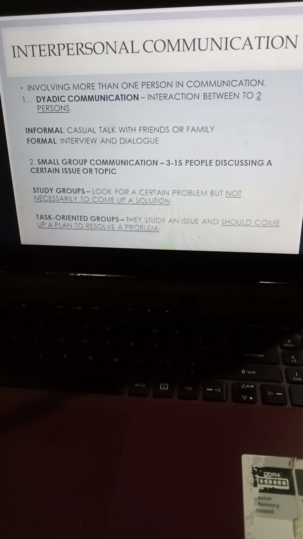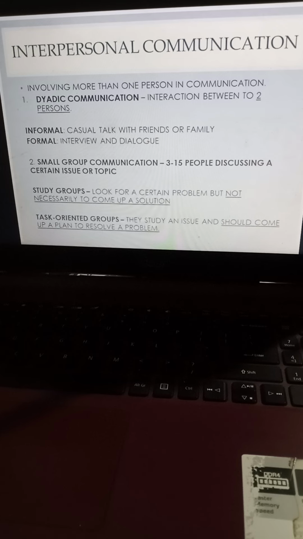Now let's start first with the dyadic communication. It refers to interaction between two persons. So it is two persons, one speaker and one listener exchanging ideas, thoughts, information, and opinions. So both of their roles are interchangeable and not fixed. So we have two types of dyadic communication.